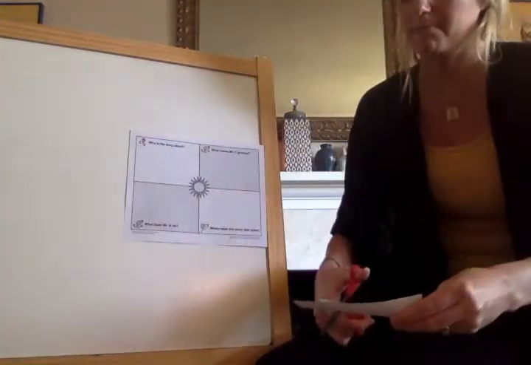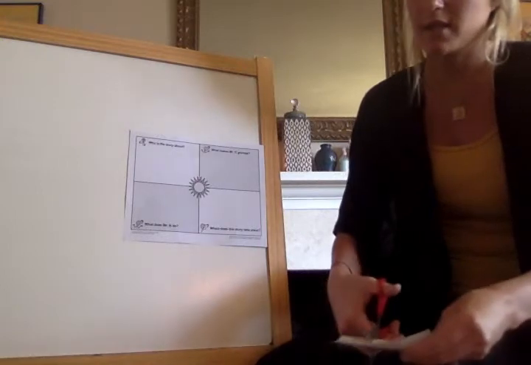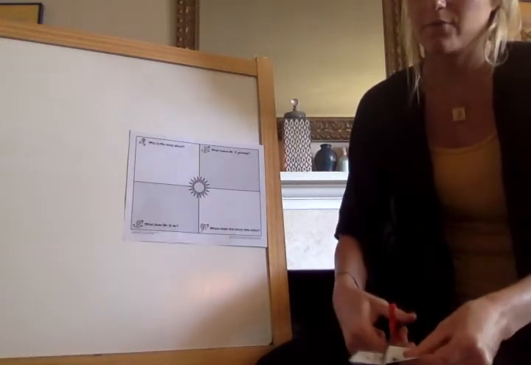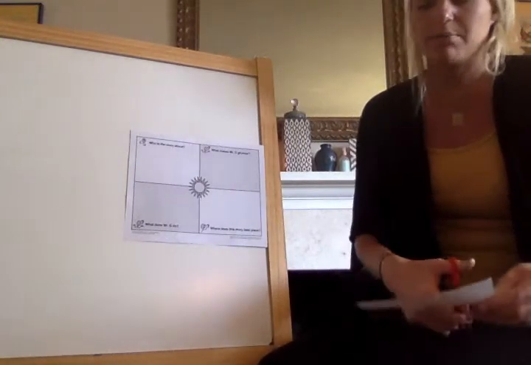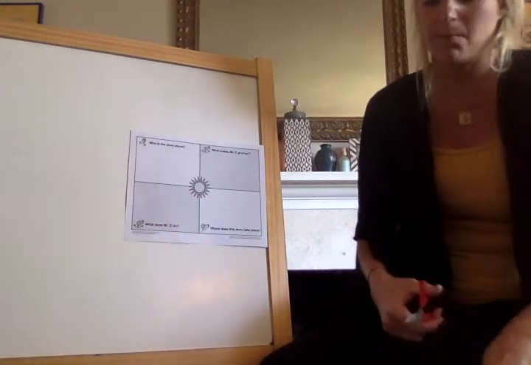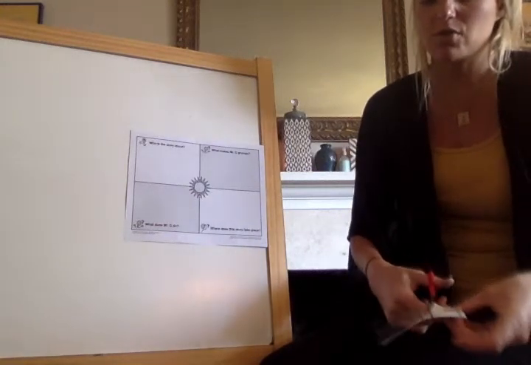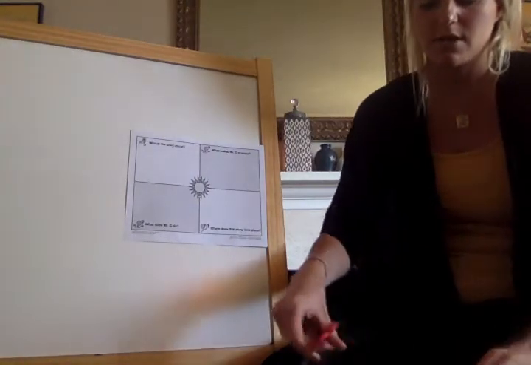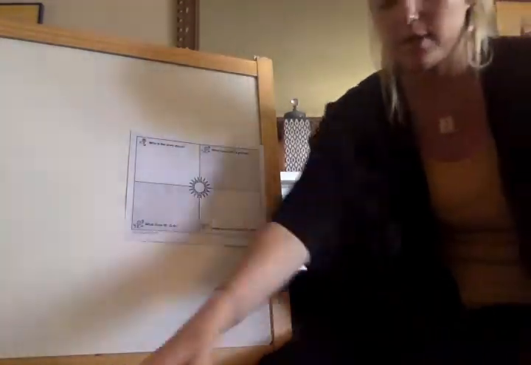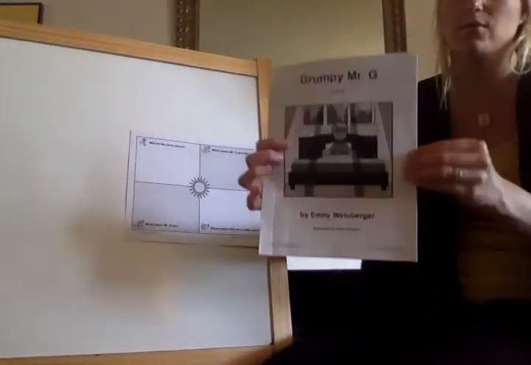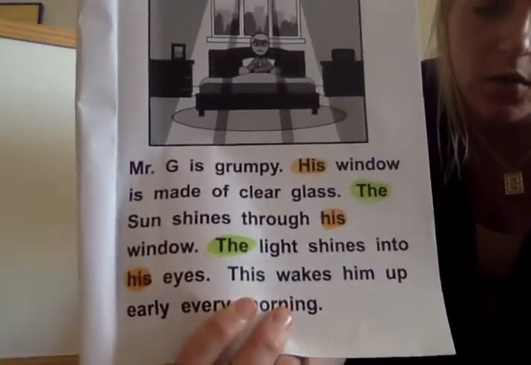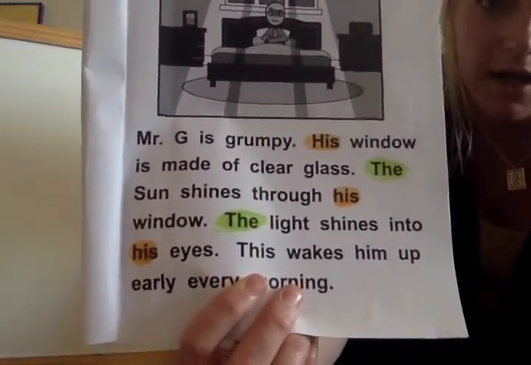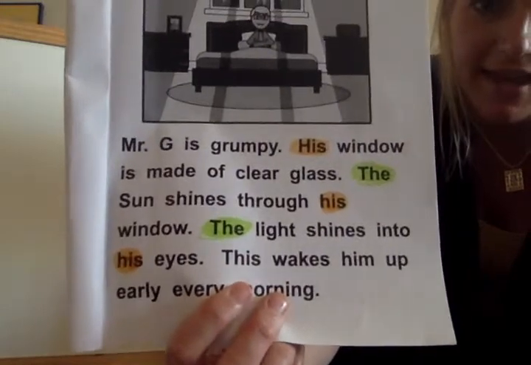All right. Last week, or the week before spring break, we read the book Grumpy Mr. G, and we looked for 2 different words. We colored 2 different words. What were the words that we colored? Let's review. What word did I color orange? It's his.